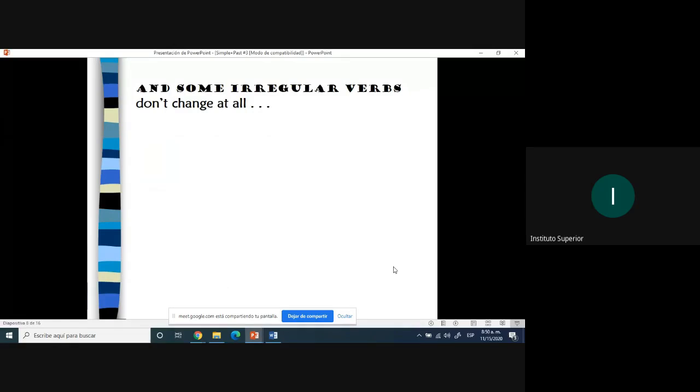And it says here that some irregular verbs don't change at all. Now, there are some that change by changing the vowel. Some of them change the way you write them and the pronunciation. But these ones, come on, they're a pain in the neck. These ones don't change at all.